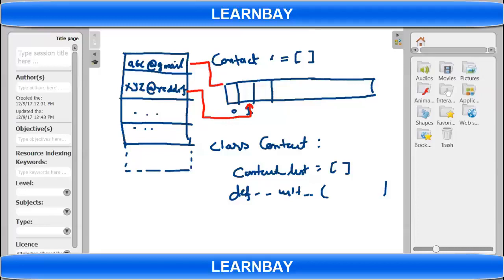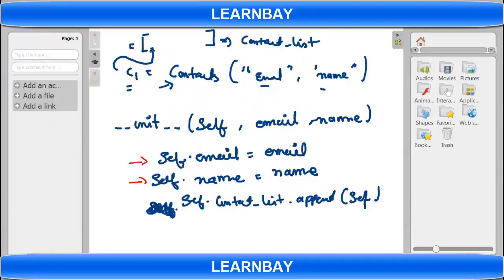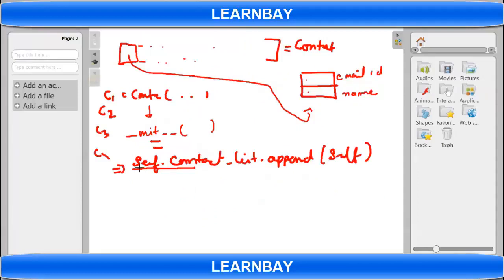So what is the problem with this statement now? If I write self.contact list, it will create one more contact list, with a local variable. So how to access a class variable, anything which is above init?